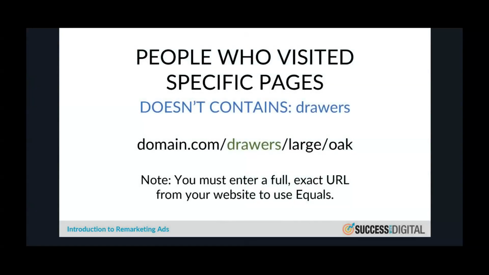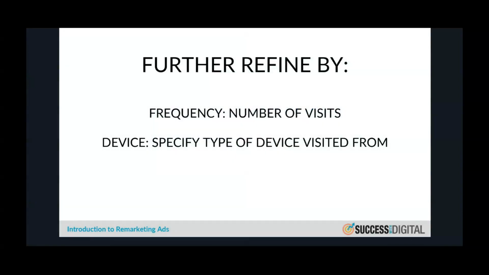And then there's also people who have visited an exact page, which needs to be the exact full URL. Once we get into custom audiences in the ads manager, I'll talk about that a little more.